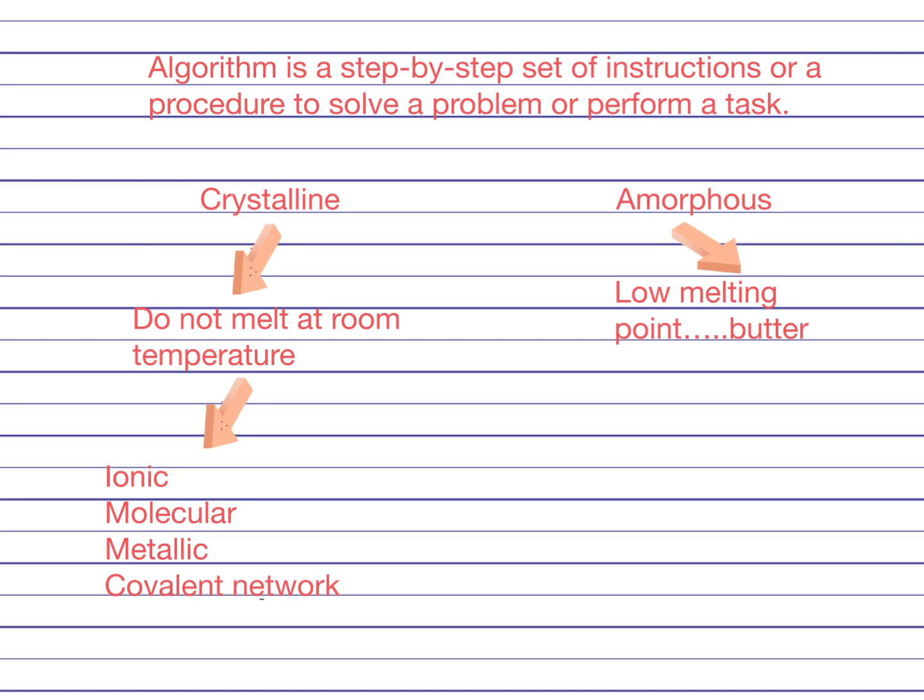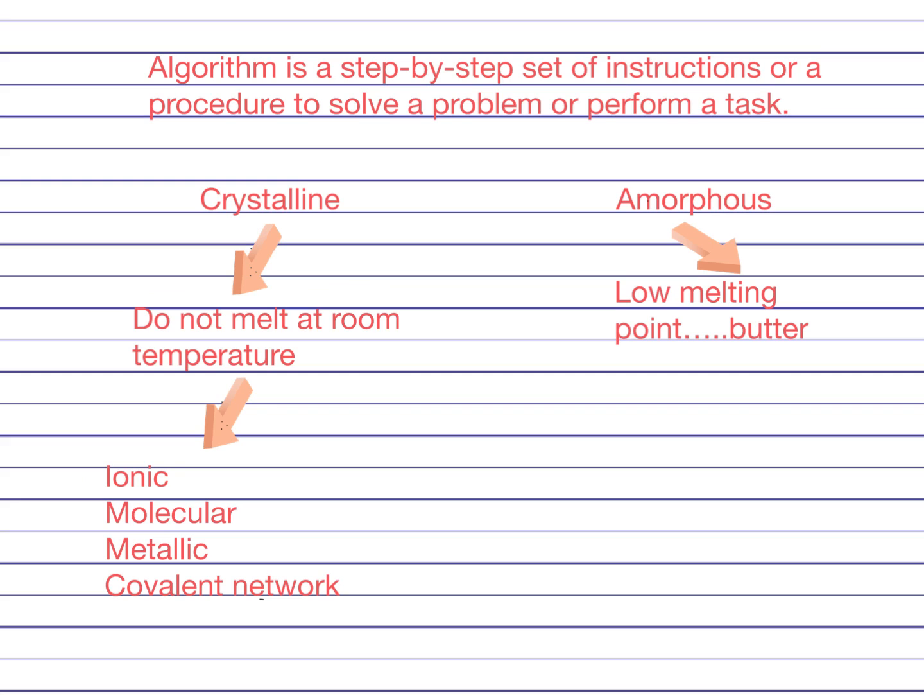You already know that you have a crystalline solid, because that was the first question that you asked yourself. When I look at this substance, do I have a crystalline or an amorphous solid? One example of an amorphous solid is butter. Butter is going to melt at room temperature. Does that happen to the solid that you have in the waiting board?